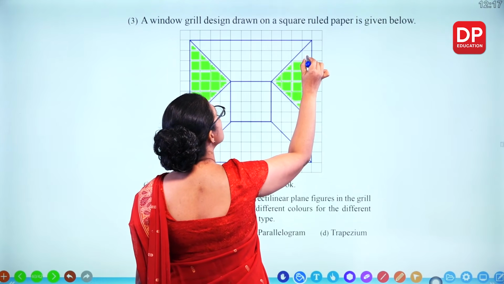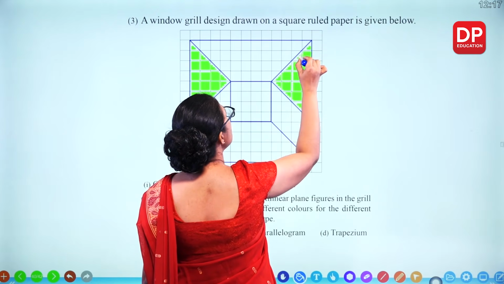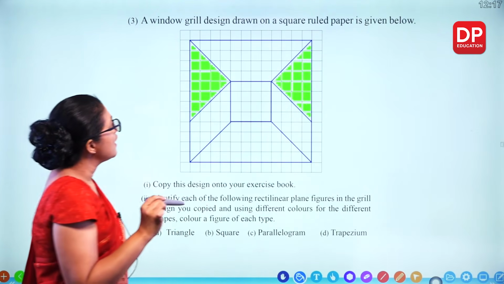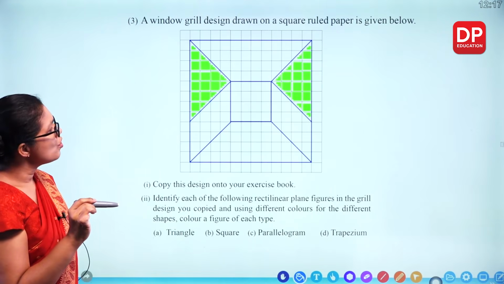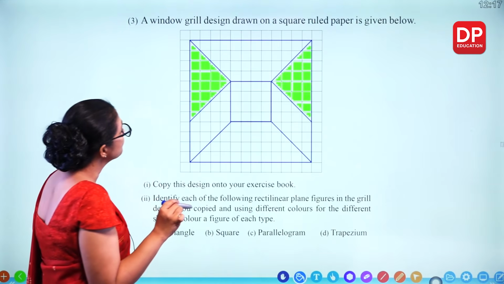So you get a triangle. For you it's easy, but for me it's difficult to color here. So those are 2 triangles. Then square.